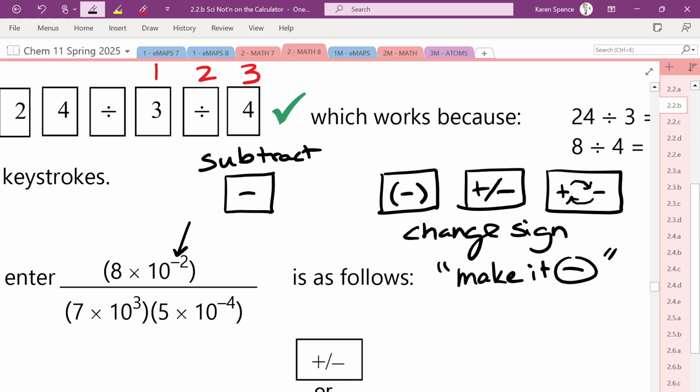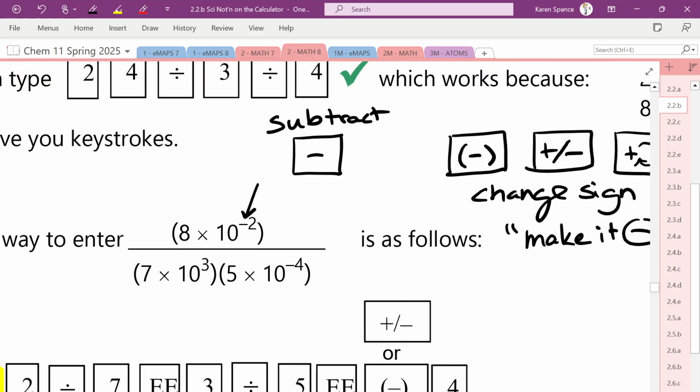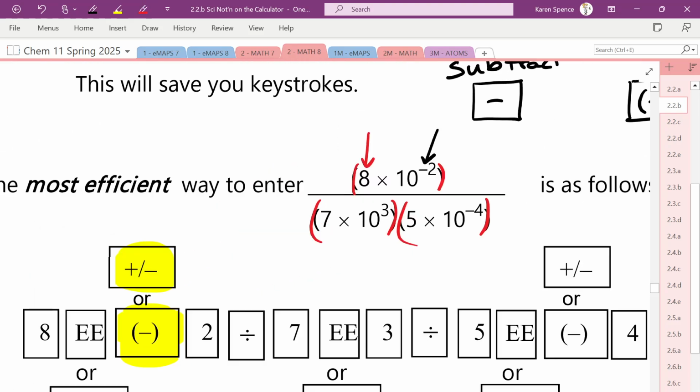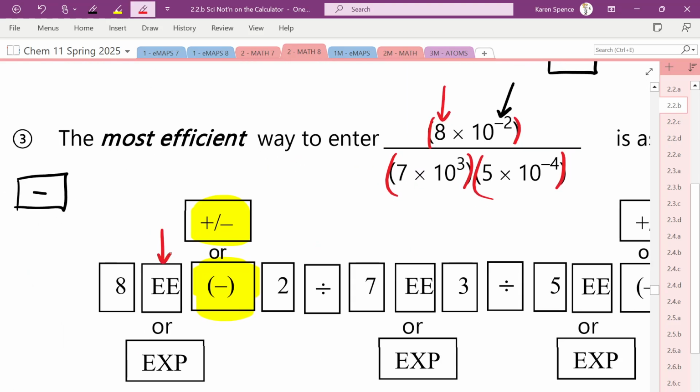So if you want to type this, now here's another thing. Do you need to type in these brackets? No. Do you need to type in these brackets? No. What I would do is type in 8 times 10 to the, and then use our make-it-negative button, 2.